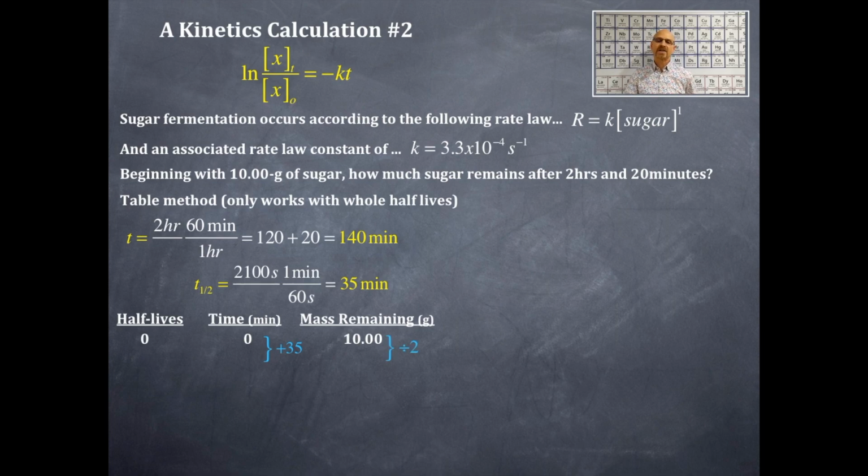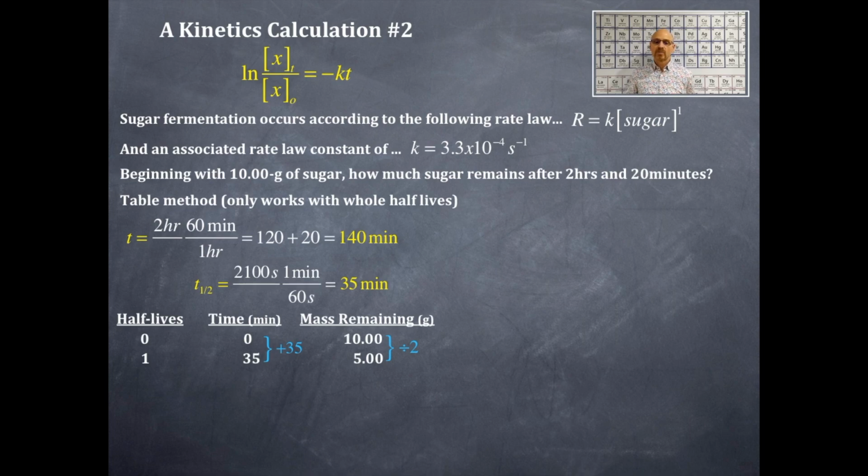Then we're going to take the amount that we have and divide it by 2. That is, for every half-life, half of it remains in the next time frame. Now the number of half-lives, we're going to add 1 each and every single time. Hopefully I didn't need to write that down. So in one half-life, which takes now 35 minutes total, how much is remaining of the 10 grams? Now you have 5 grams remaining.